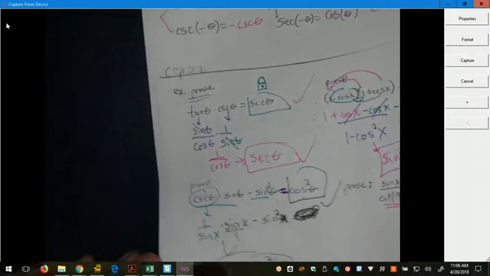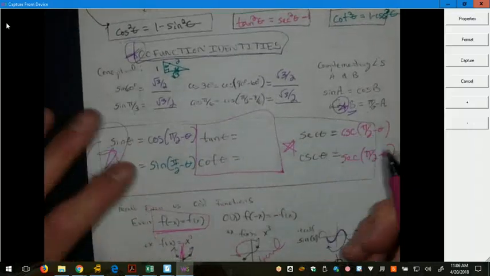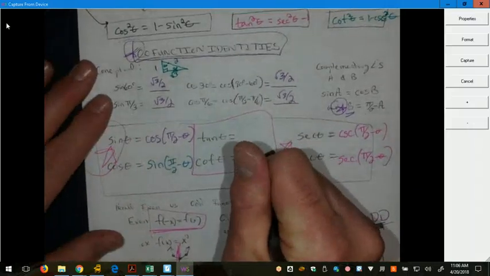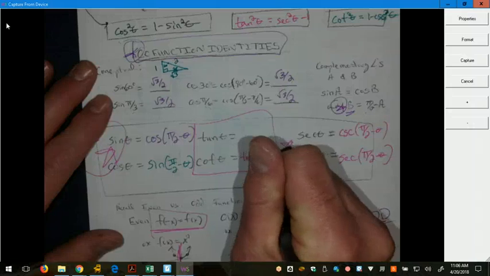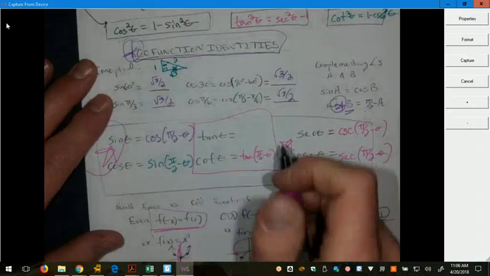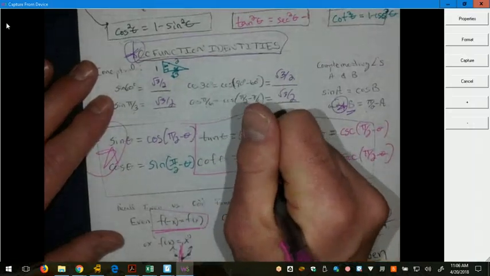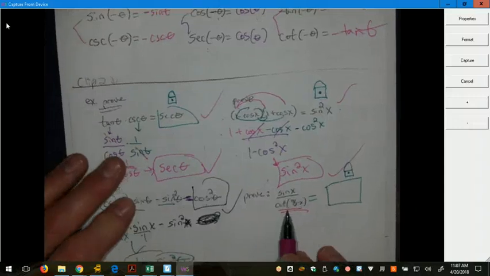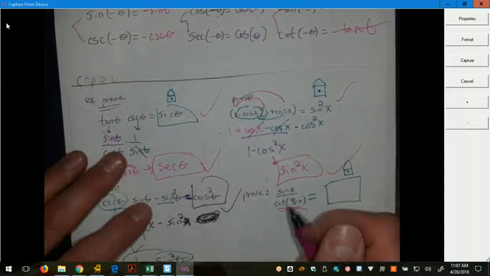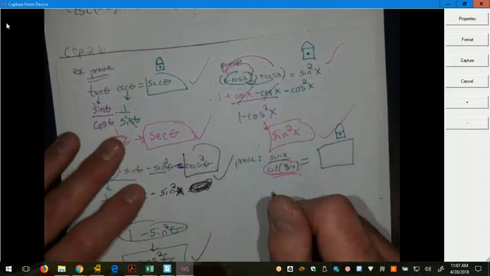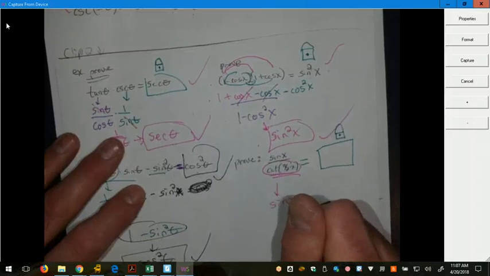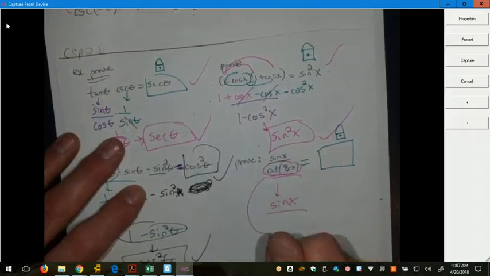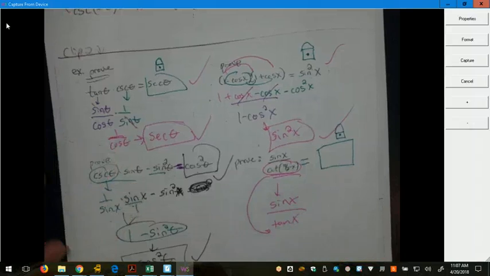In fact, cotangent, we didn't write these down the other day, which is why you might not. This is tangent of pi over 2 minus theta, and tangent is cotangent of pi over 2 minus theta. And so I will recognize that as tangent of x. Using the cofunction identity, this gives me sine of x over, that becomes tangent of x.